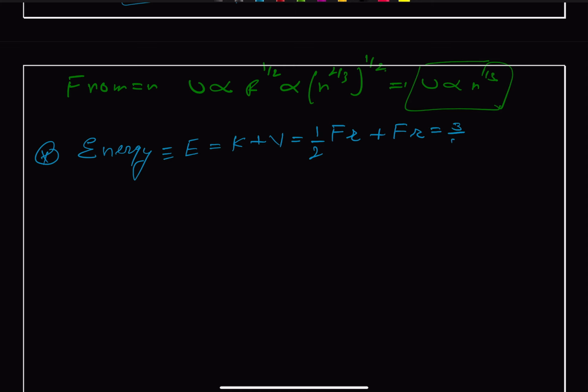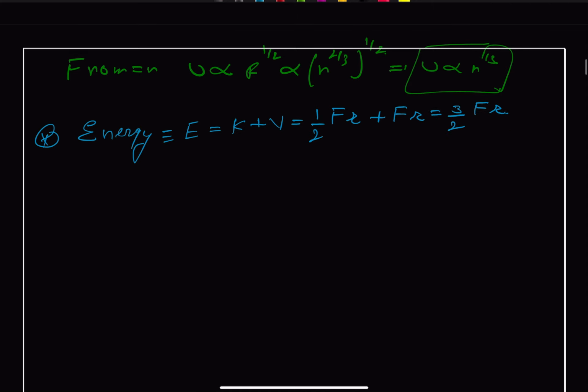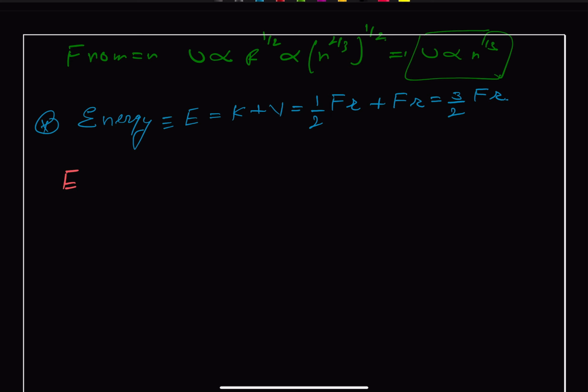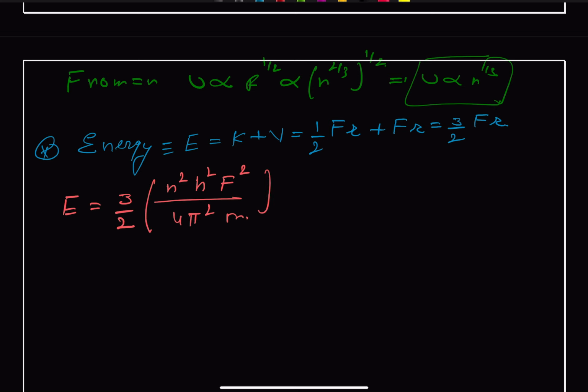This comes as 3 by 2 times FR, and we can just substitute value of our R, and this will be coming as that our energy E will be equal to 3 by 2 times n square h square F square upon 4 pi square m, whole raised power 1 by 3.